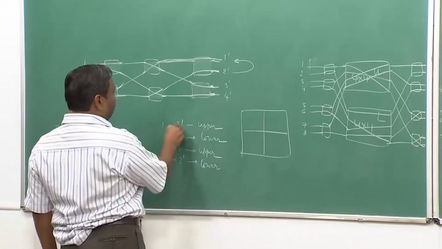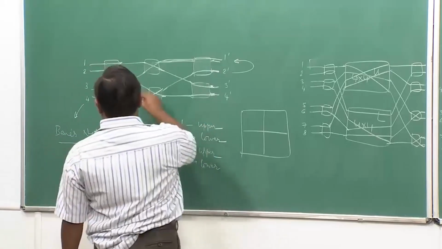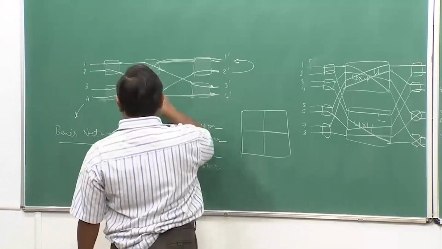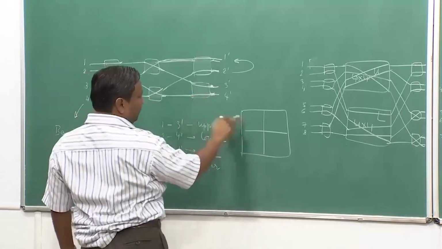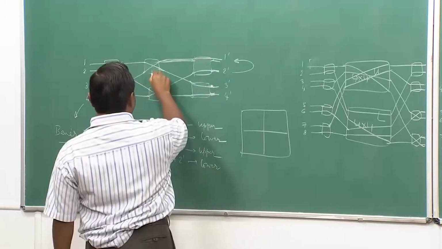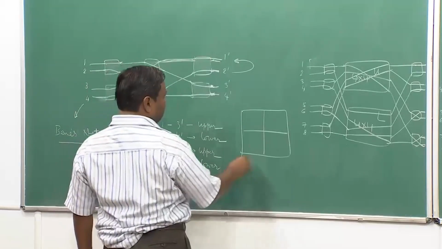So when I create 1 to 3, these 2 switches, so first row second column which is this one, I have used, I will define this as upper and lower.